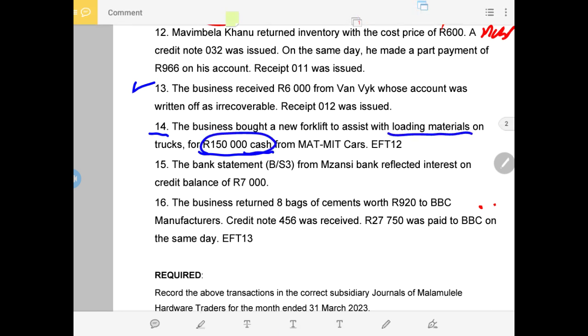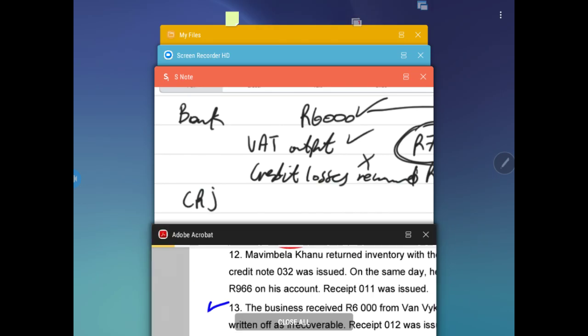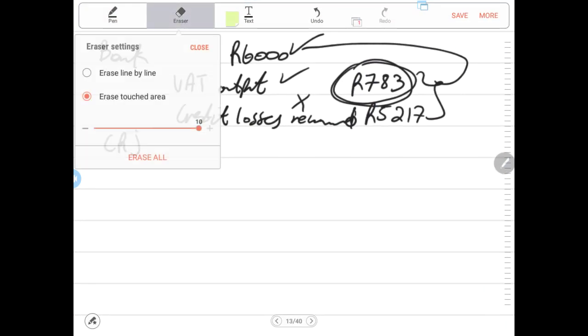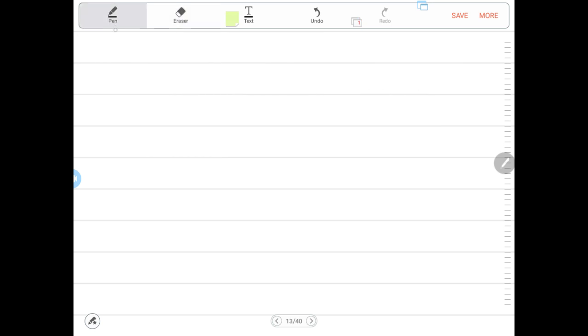What did we buy? We bought a vehicle. Now, if we bought a vehicle, let us then debit what we bought. And we always debit what we bought. A vehicle, then we will claim input VAT because this is a business vehicle. Then, because we bought it for cash, our bank will be credited.